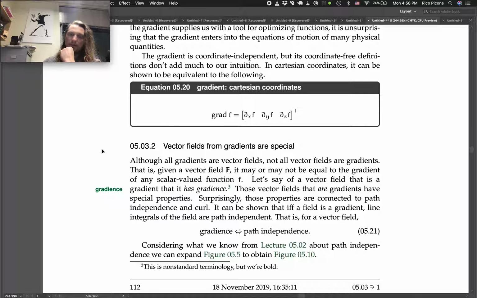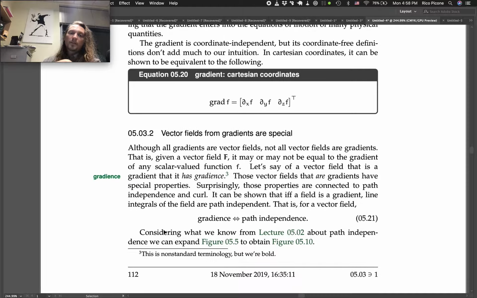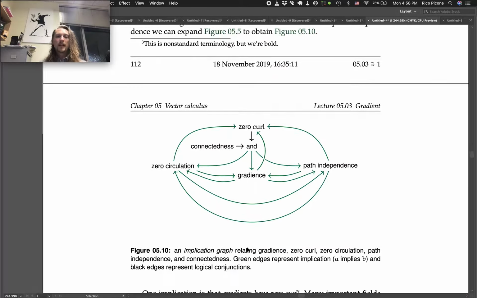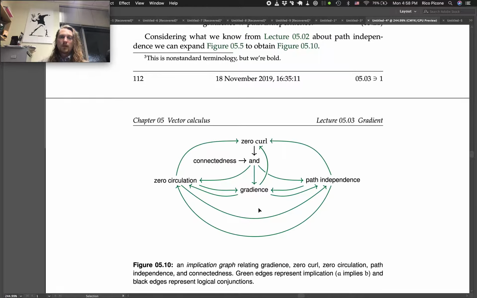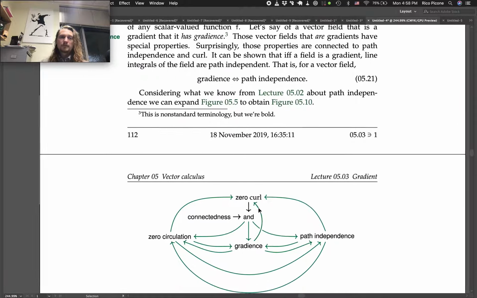That is, for a vector field, gradients implies path independence, and path independence implies gradients. Considering what we already know from Lecture 5.2 about path independence, we can expand Figure 5.5, the implication graph, to obtain Figure 5.10, which is a little bit more filled out now.